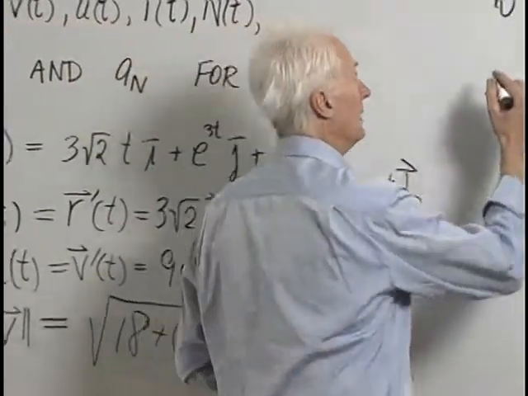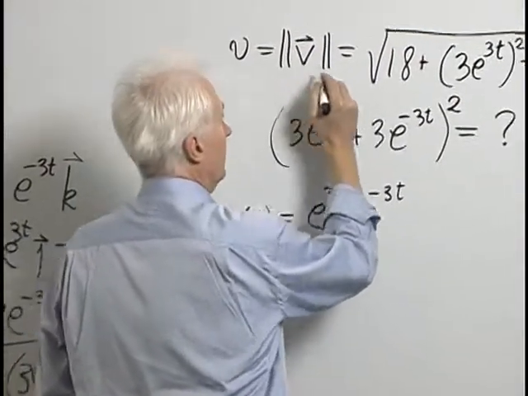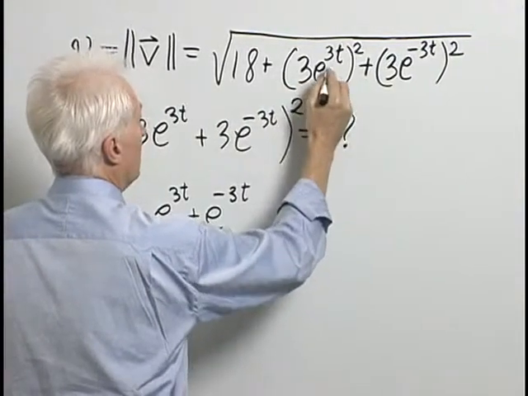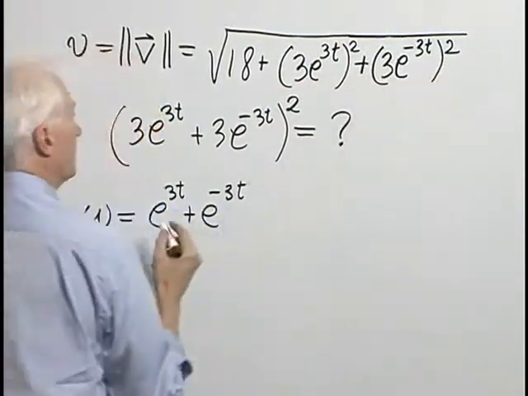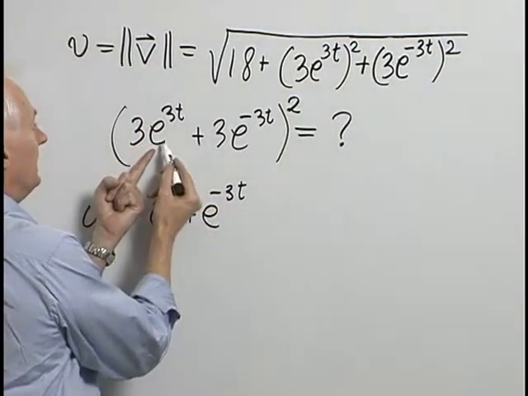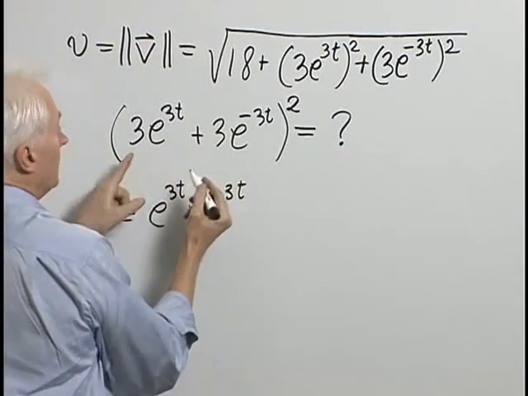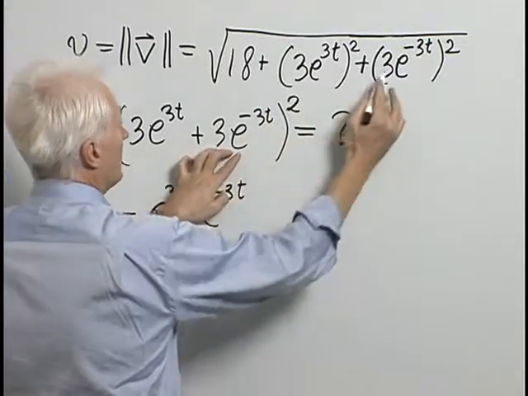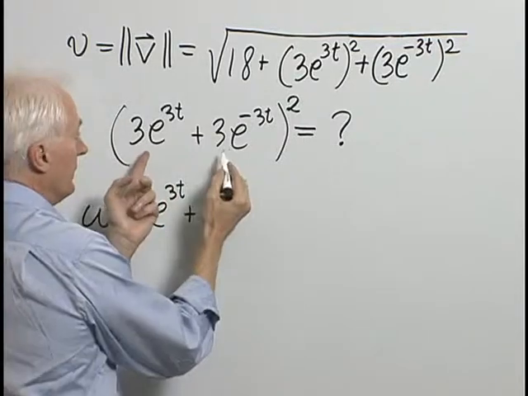So let's come over here, and using script v for length of v, that's square root 18 plus 3e to the 3t quantity squared plus 3e to the negative 3t quantity squared. What happens if I square just the quantity 3e to the 3t plus 3e to the negative 3t? Notice I get that squared plus twice the product of these two things.